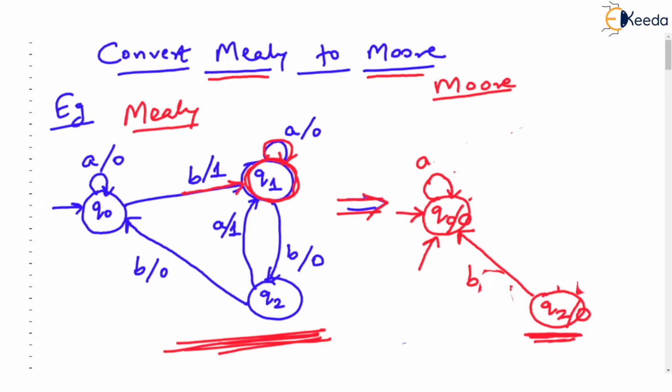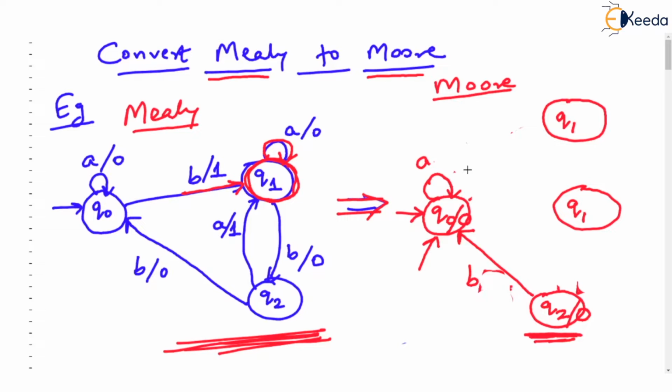So let us make two different states, both are Q1 state. Remember, I stress on this point. We are actually splitting the Q1 state, but don't forget, this split is actually from the Q1 state of the Mealy machine. But then we have to name them differently. You can't name both the states as Q1.